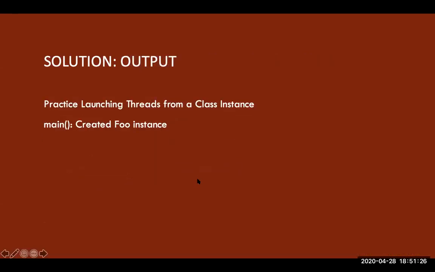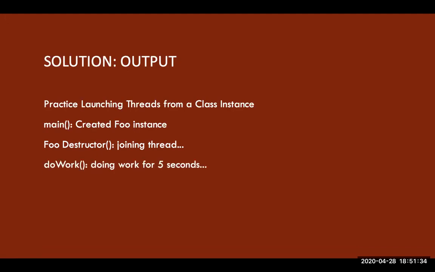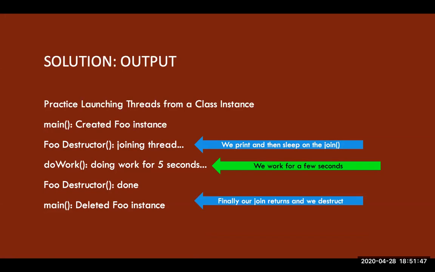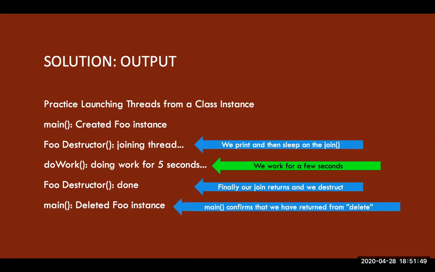So here's what that output might look like. We created the foo instance. We immediately go to joining the thread in the destructor, but that's where we block, because do work is working and we see the feedback from do work. Then the destructor can finish, and then main can finish. So that's the way it all wraps up.